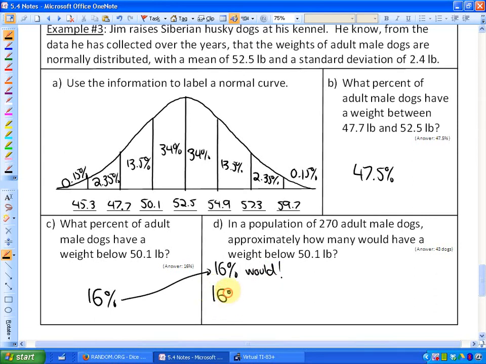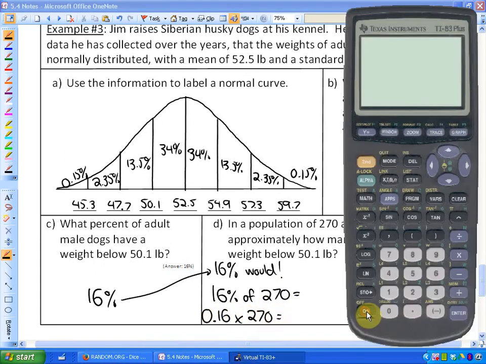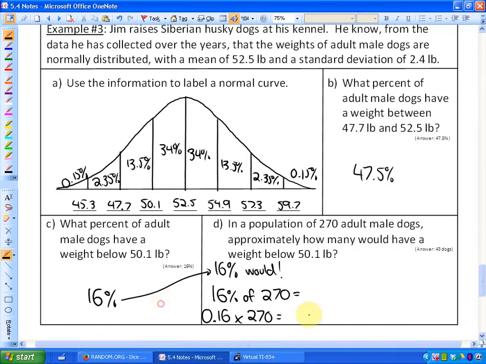We want to know what 16% of 270 is. So in order to do that, we multiply 0.16 by 270 dogs, and 16% of 270 is roughly 43.2, and since dogs are whole dogs, we could round that to 43 dogs.